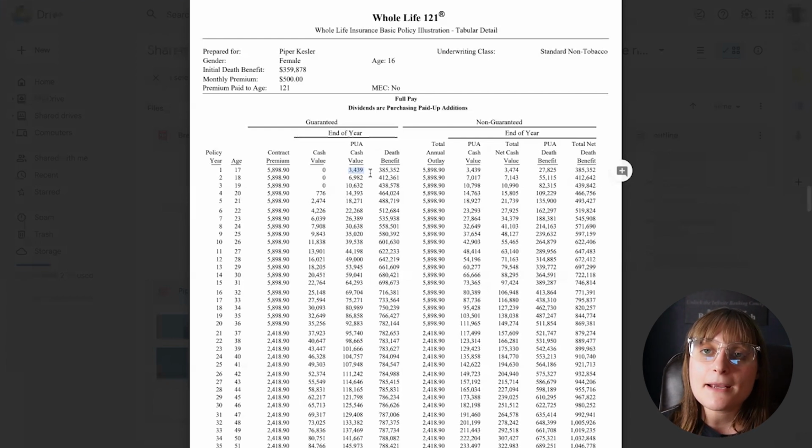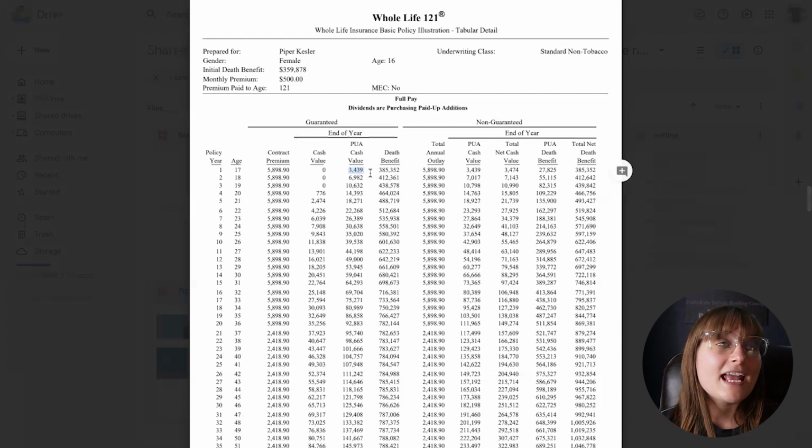It's just because Piper is younger, she is going to have a higher death benefit for every dollar she puts in compared to Brent, who is older than Piper. Age only affects the death benefit. And if you want my humble opinion, I think that you should really start with the matriarch and the patriarch of the family first. Because as history has it, mom and dad are supposed to pass before the children. And I want to see that death benefit legacy get paid out to the children and that next generation.